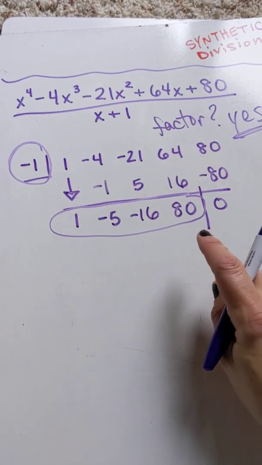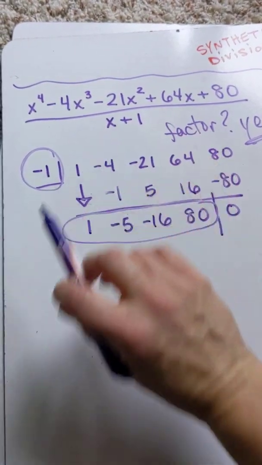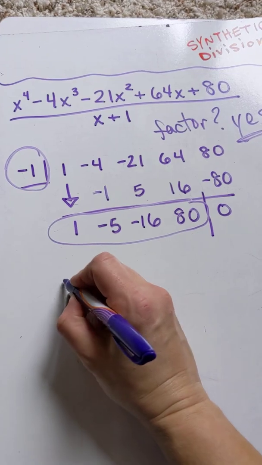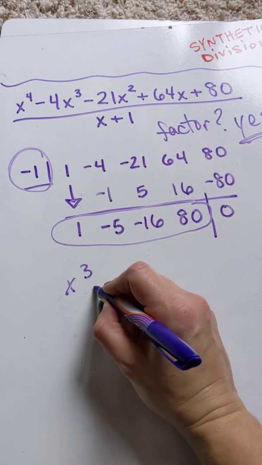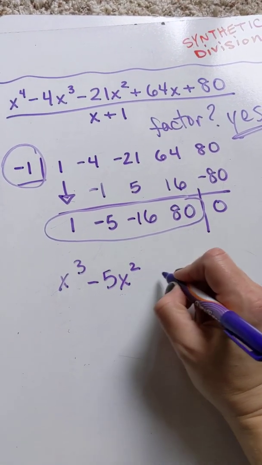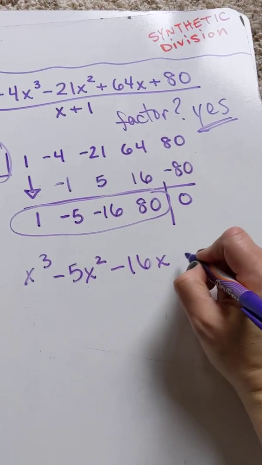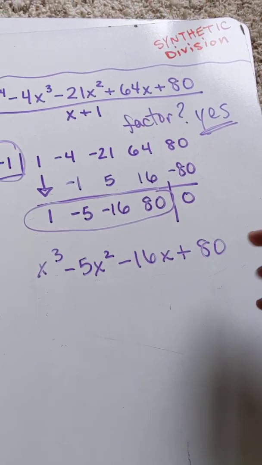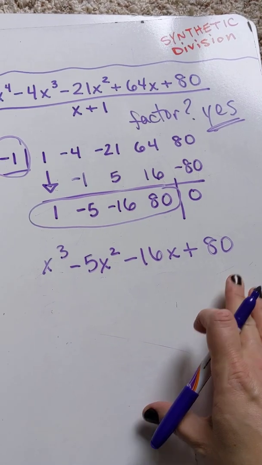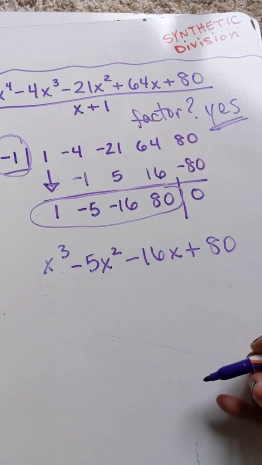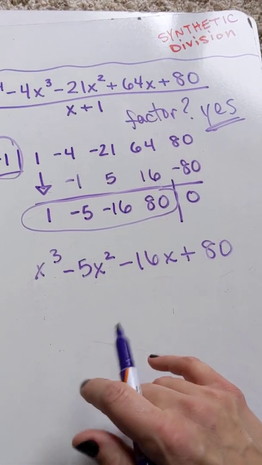Now, bring this down. Remember, since we started out with x to the fourth and divided by x, this should be our x to the third, -5x squared, -16x plus 80. At this point, once you've divided the first time, it should factor from there.